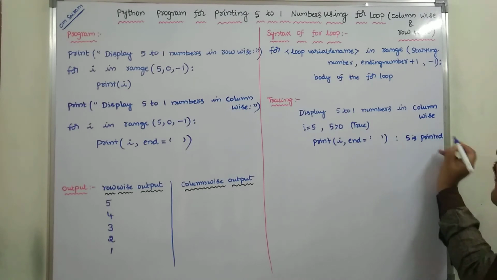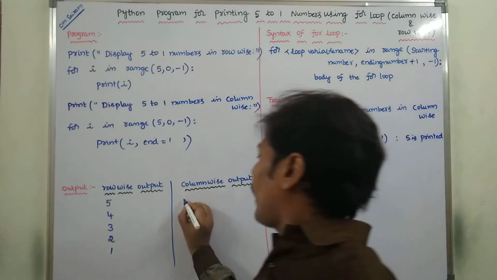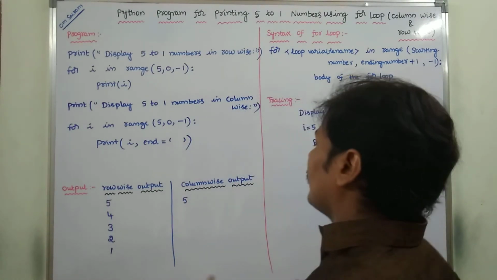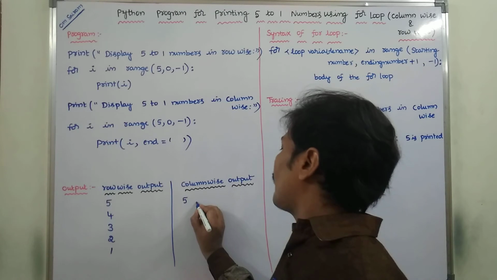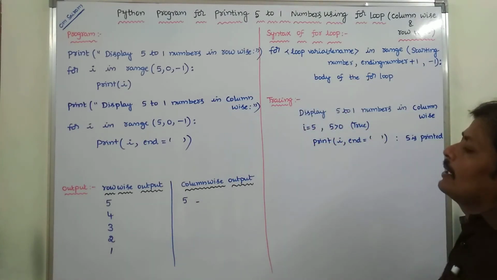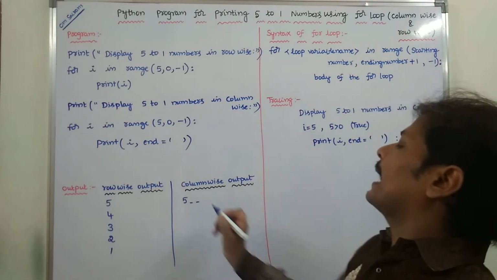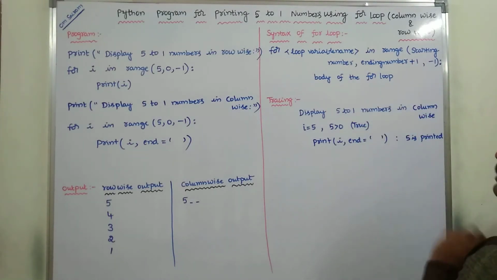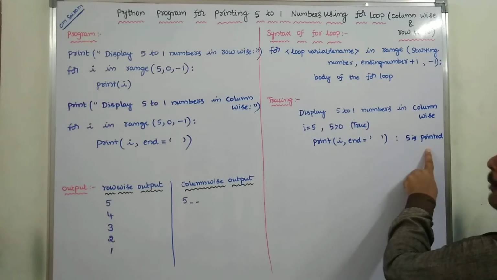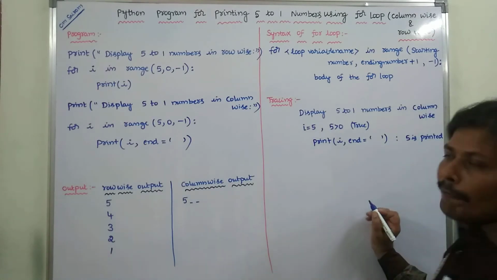After printing 5, one space is required. After 5 is printed, the next value is printed after one space. Okay, after printing 5, the next i value is decremented by 1.